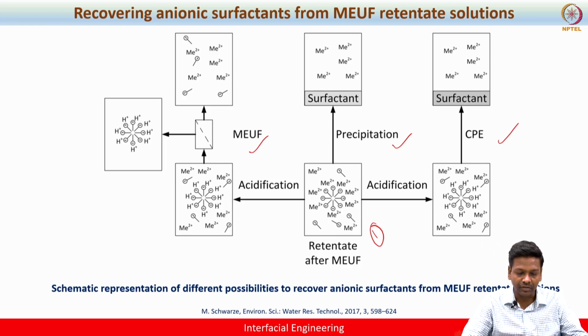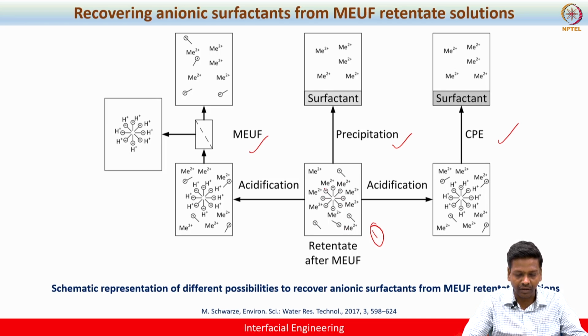This example is not given for the micellar enhanced process, but the same strategy can be applied even for the case of micellar enhanced separation. Now our starting point is going to be this one. Let's say we have the ionic surfactant.